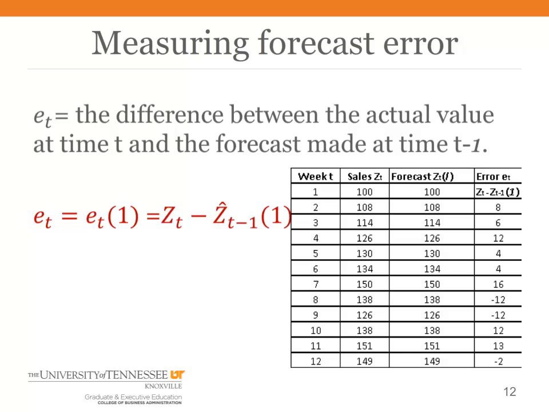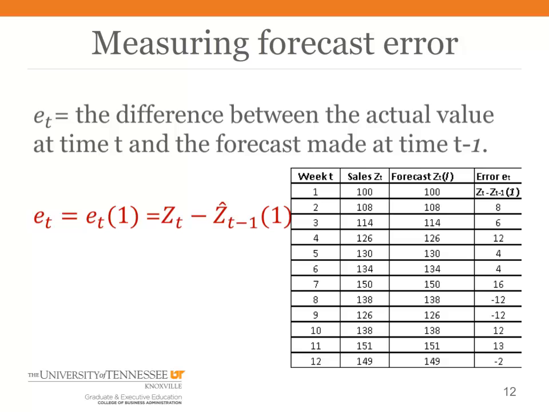And the way we test our forecast model is by looking usually at the errors made for one period into the future. So we're going to denote by E sub t the one period forecast error made at time t. In other words, let's say at time 10, I observe what the actual value of the series was, and then I look at the forecast I made one period earlier, or at time 9, and the difference between the actual and the forecast is the error for that time period.